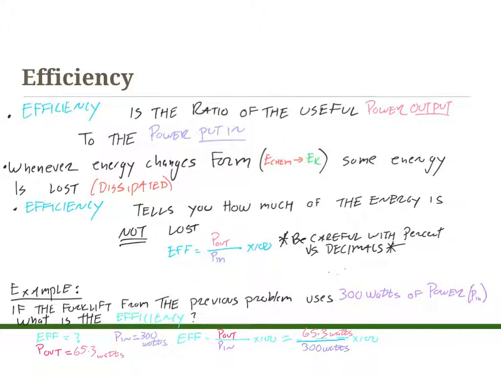And when I do that, I get a value of 0.22 times 100, which gives me 22%. Now, let me explain what that 22% means, because that's kind of important, actually.